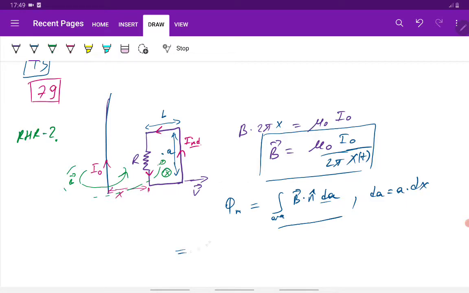So let's substitute everything into this formula: mu 0 I0 over 2 pi x times a dx, from here till here, right? From b, so how do we write it? Okay, let me think.